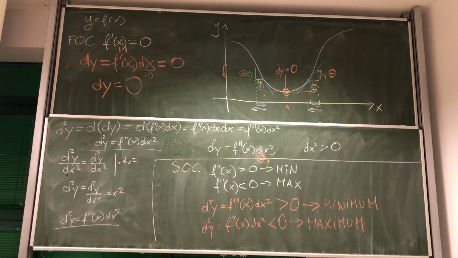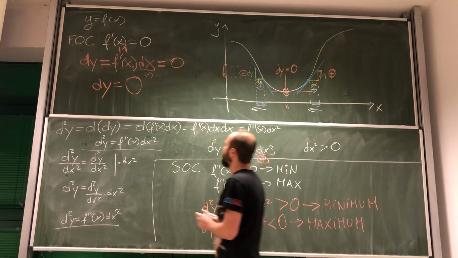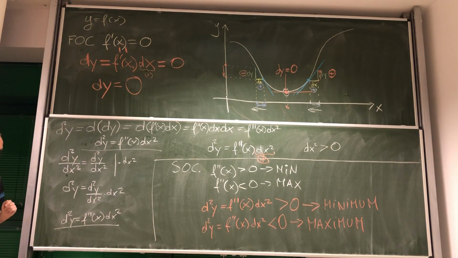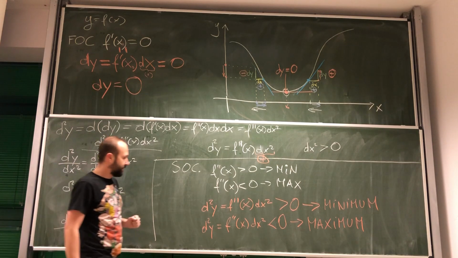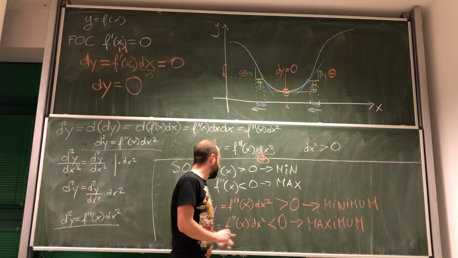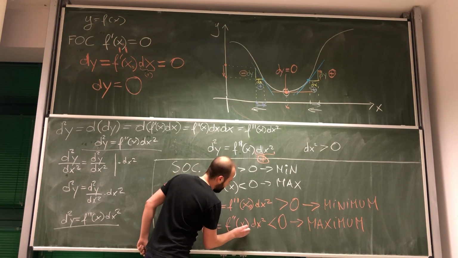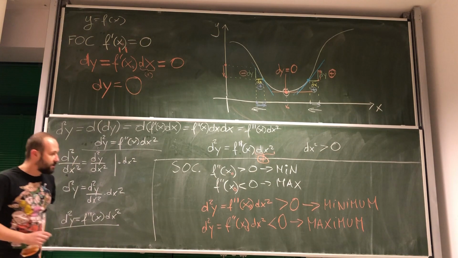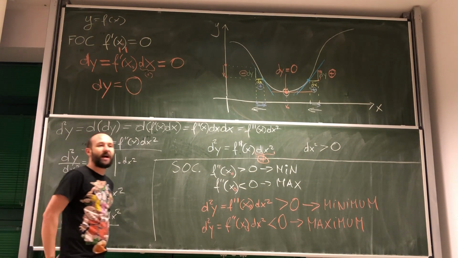And now we've obtained everything we want. First order condition in terms of differentials is that dy must be equal to 0. The second order condition is that if d squared y is positive at the point x0, of course, we will have a minimum. If it's negative, we will have a maximum.